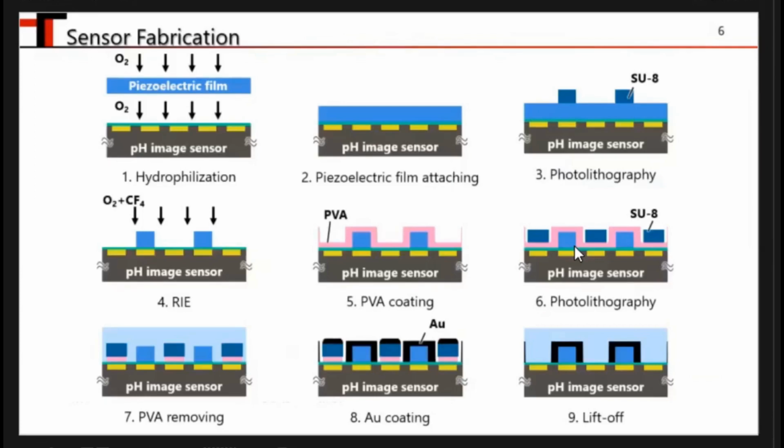And next, form the pressure sensing area by photolithography and etching, and then coat PVA as a sacrificial layer, and then conduct photolithography and PVA removing, and then deposit gold. This is a waterproof membrane of the pressure sensing area. And finally, I lift off the PVA for forming the pH sensing area.